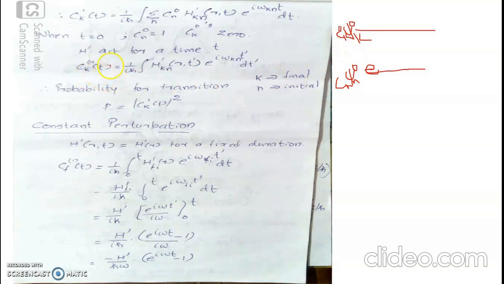So Ck1 of t equal to 1 by i h cross. This integration will be from 0 to t, h prime kn of r comma t e power i omega kn t prime dt prime.